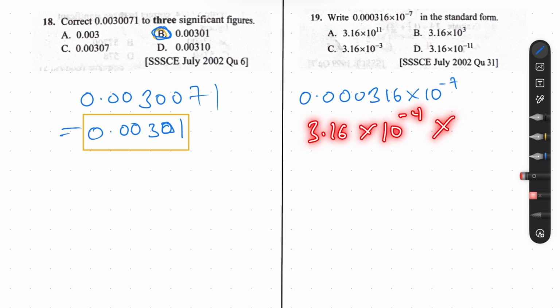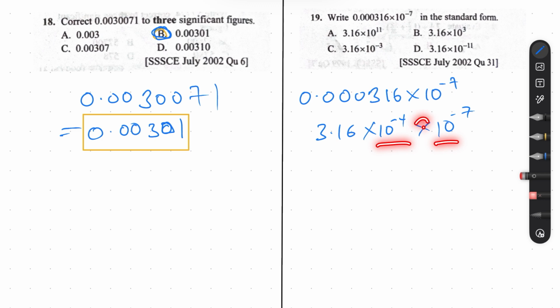Then let's not forget we still have times 10 to the power -7. Okay, so let's write that down. 3.16 times 10 to the power -4 times 10 to the power -7. So when we do that, what do we do? Since we have two terms here that have the same base, and they are multiplying, you need to add their exponents.